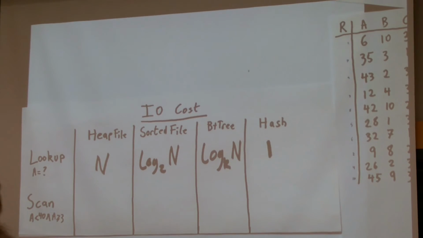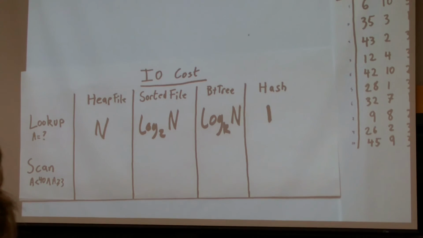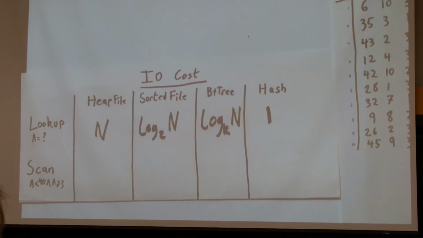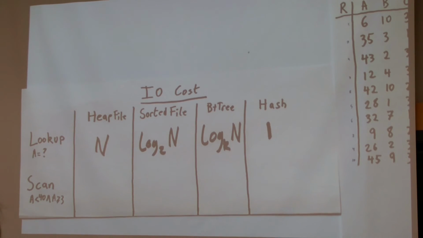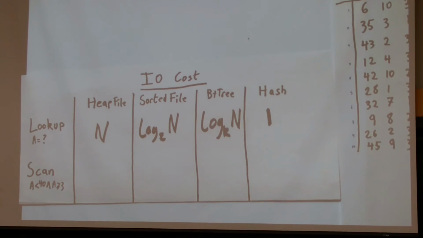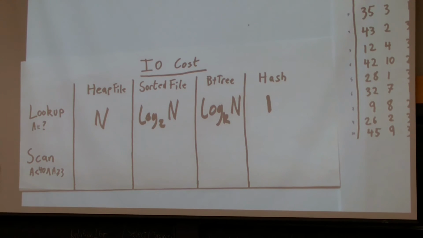And while I'm not going to get into it in this class, a couple of classes ago we talked about ways of resizing the number of hash buckets. So, wow, 1. That's amazing. Why don't I just use hash indexes for everything? 1 is certainly better than log k n, log 2 n, log n, or just n.